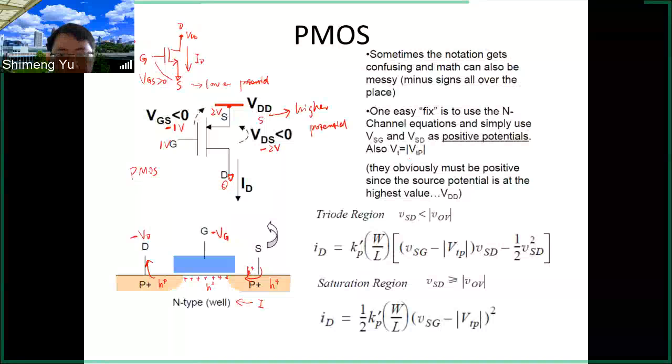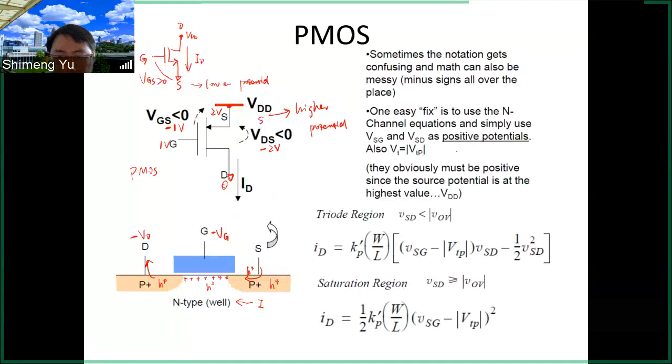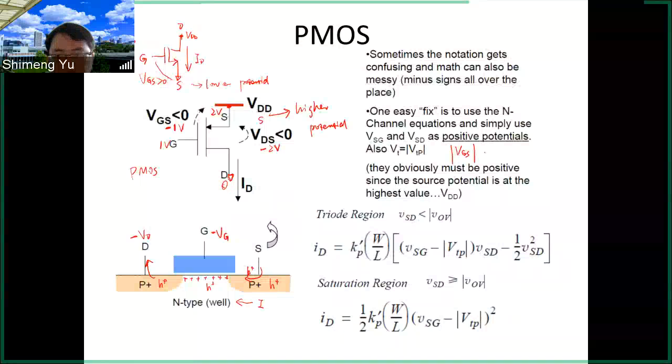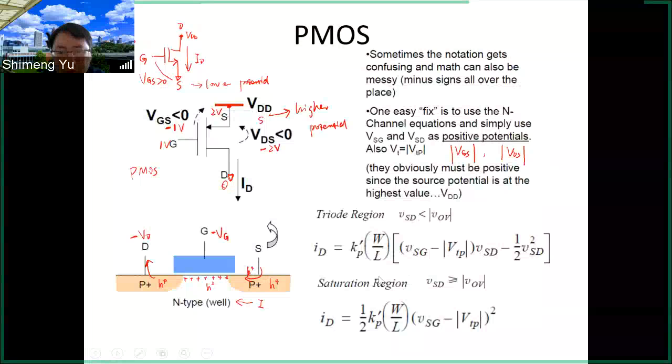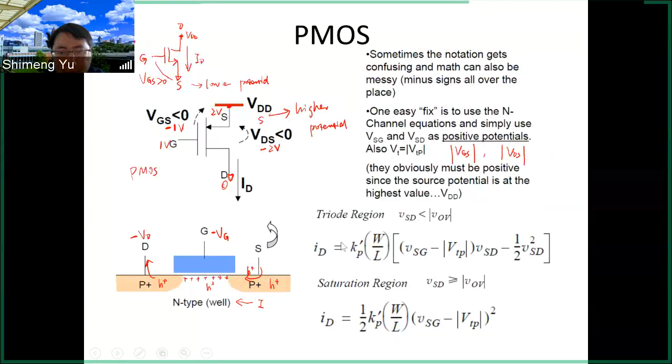We need to take the absolute value, and then the VGS absolute value, VDS absolute value. Then you can use the same equation as the NMOS, as we discussed before. For example, in the saturation region, we have this square law. So in the PMOS, how does this square law look?